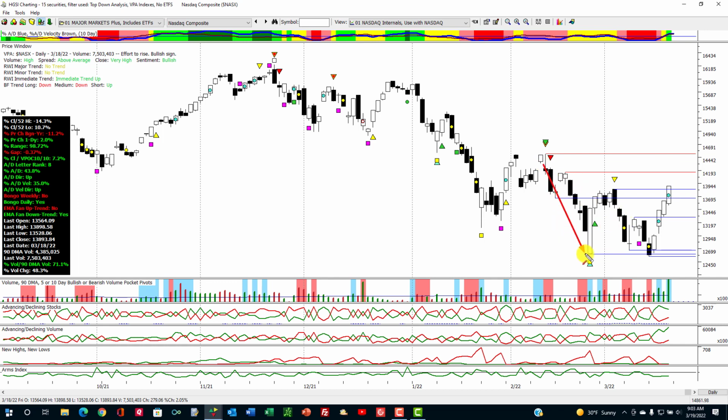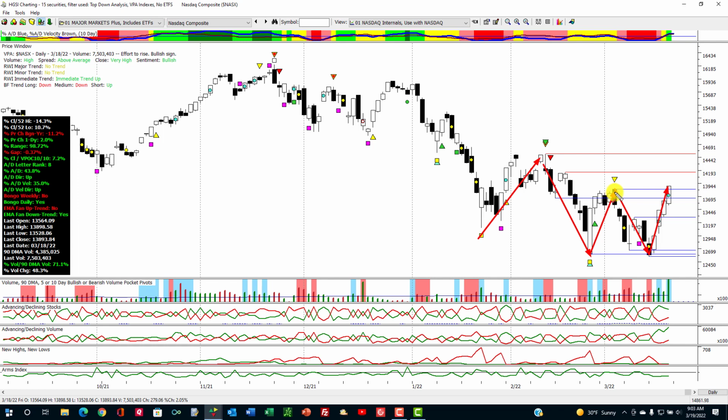And I began that W formation from here. Took it back to here, took it down to here, and then you can see now that it's broken past resistance. Of course, there's more resistance overhead. This here also looked like a strong rally, but it didn't get beyond this point. So we do have a W formed.